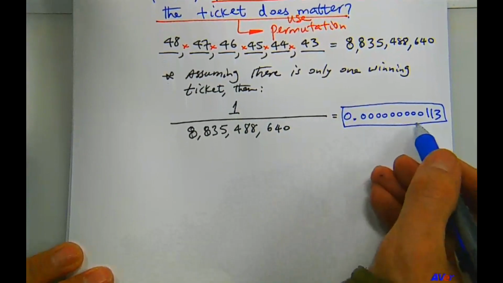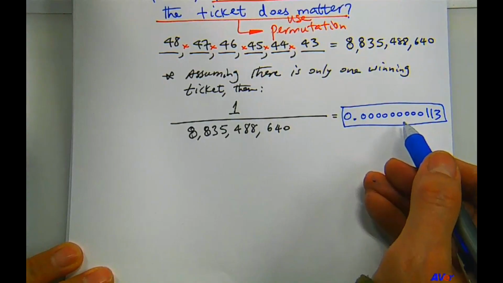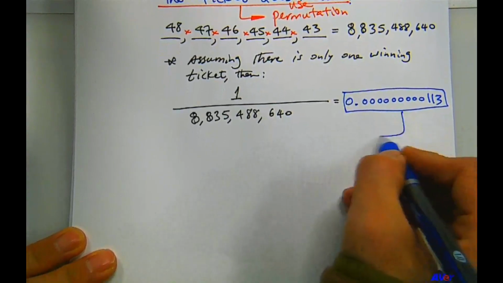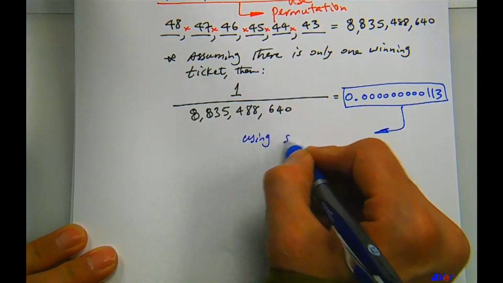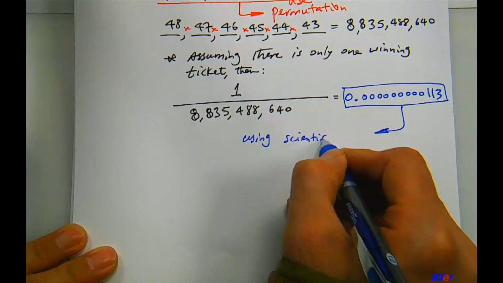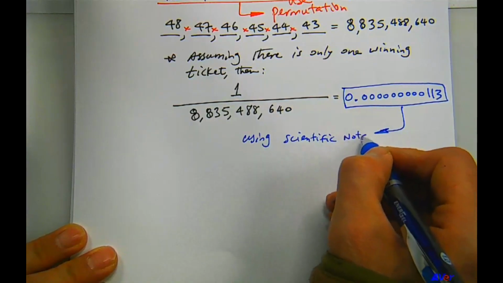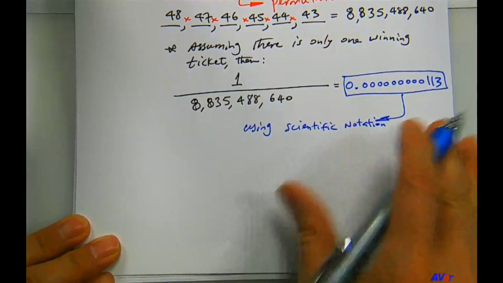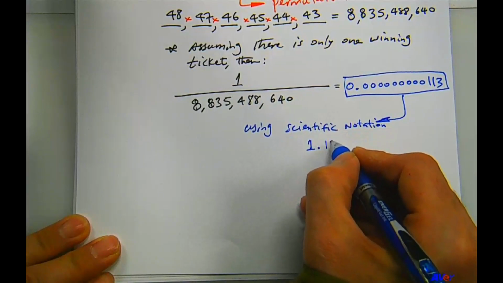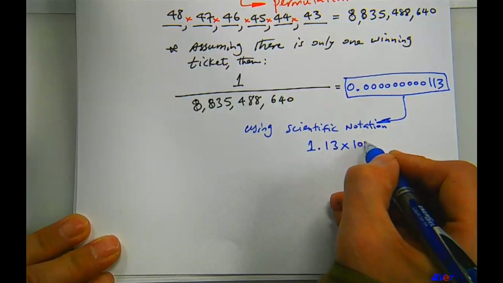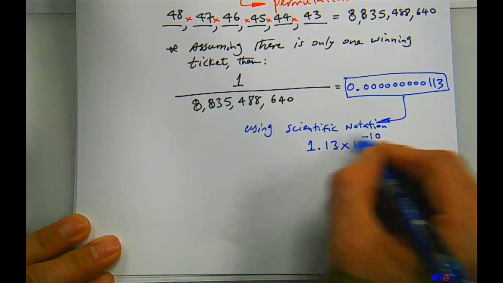Another way is giving this answer using scientific notation. You can write this down as 1.13 times 10 to the negative 10.